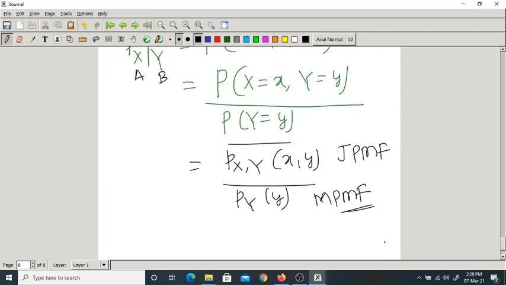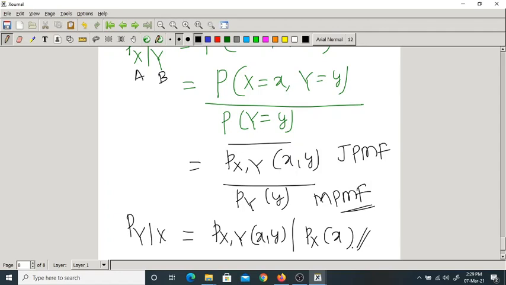Suppose if I do reverse, P of y given x, what would you write? P of x comma y of x comma y given Px of x. As simple as that. Okay, nothing to worry.